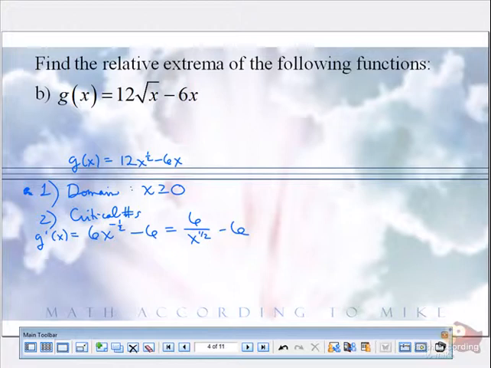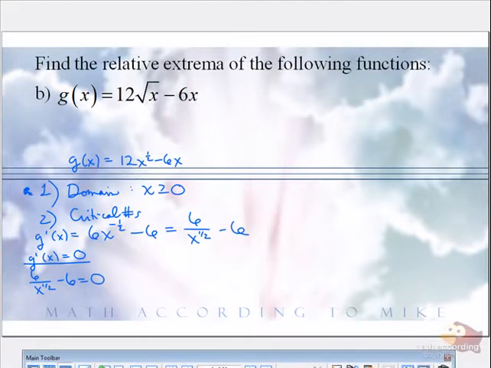Now that's something new for us. Anytime we took the derivative using the power rule, we just left it alone. However, to solve for x in the first part here where the derivative is 0, it's better if you rewrote it as a fraction. So we're going to set 6 over x to the 1/2 minus 6 equal to 0 and solve for x.